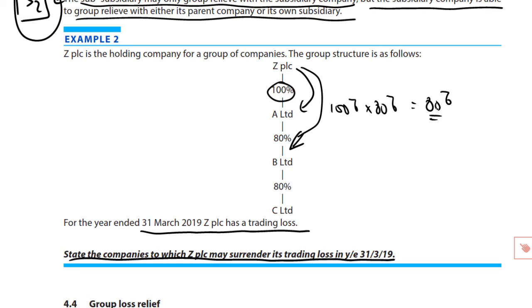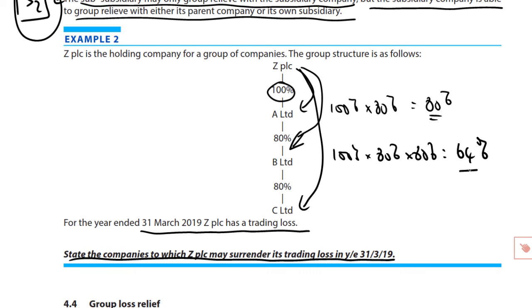What about company C, where we go again with 80%? So this time, the link from Z down to C, 100% times 80%, as we already know, from Z to A and A to B, then on to C, times 80%. Well, that, of course, equals 64%. So no, Z is not able to group relieve with C. Of course, C is in a position to group relieve with its own parent company.